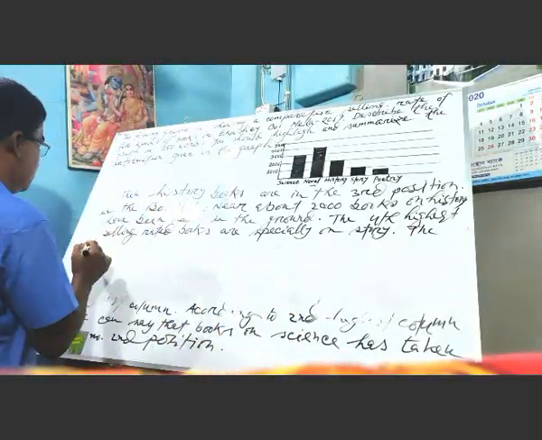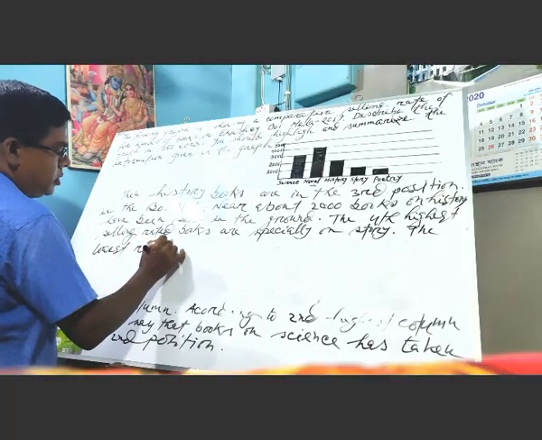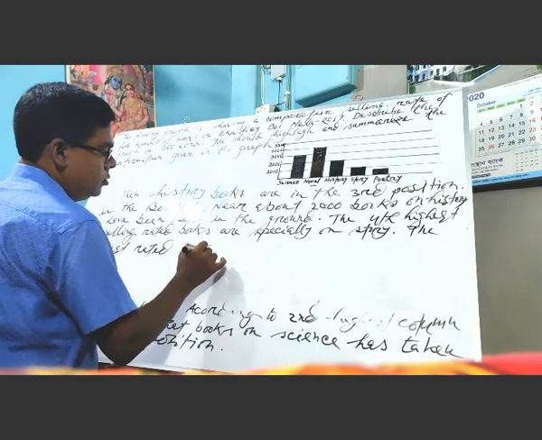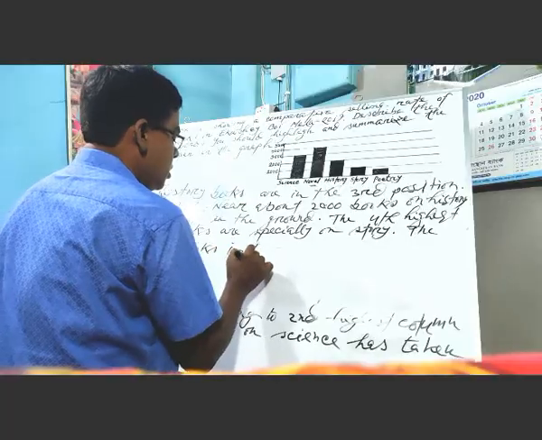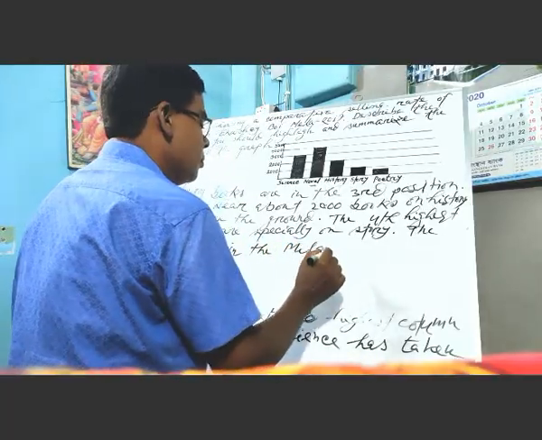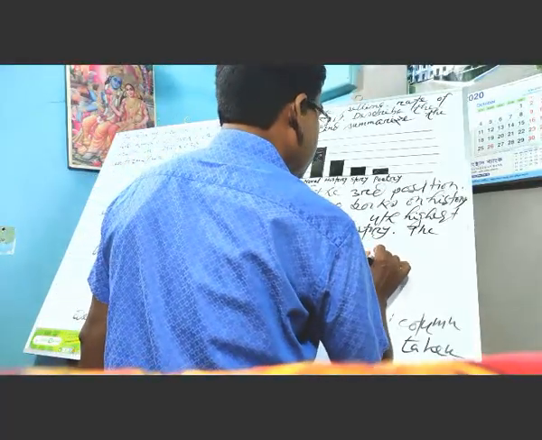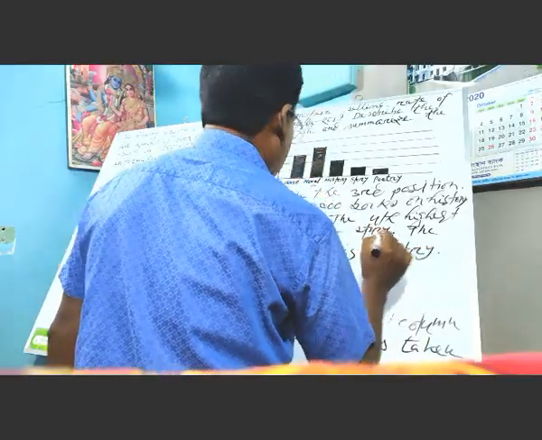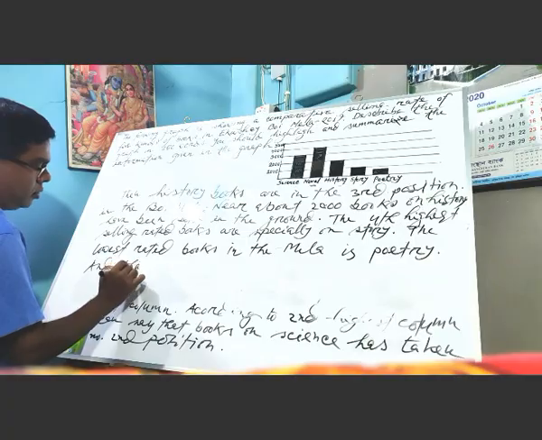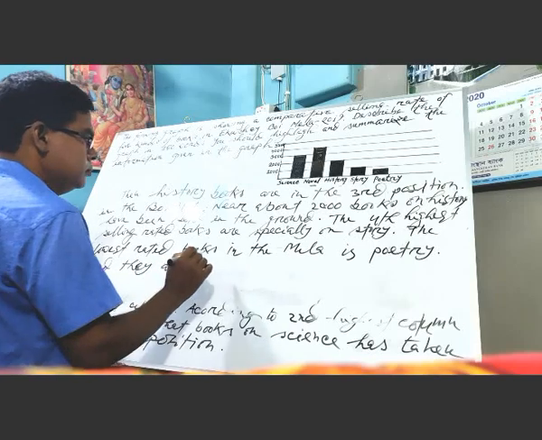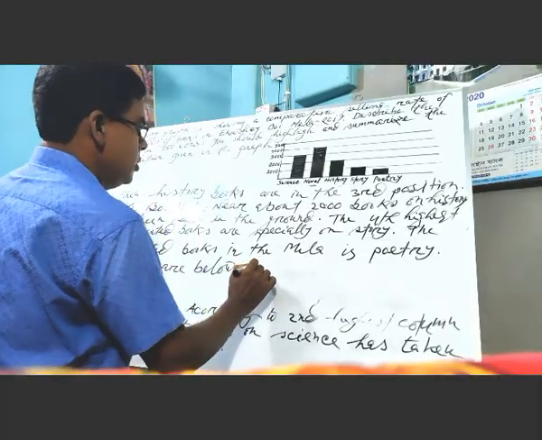Okay, students, the lowest rated books in the Mela is, or you can use odds also, is poetry, and they are below a thousand.